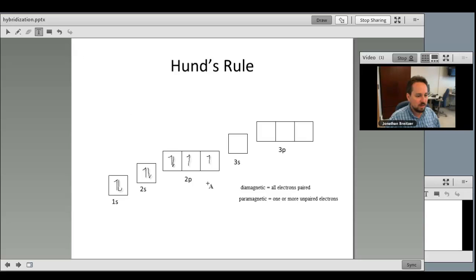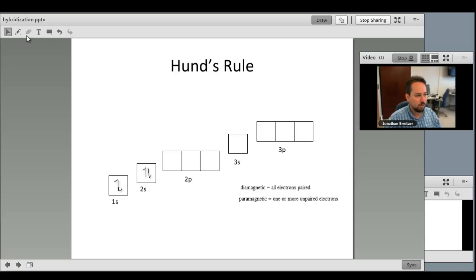So let's go here and delete some electrons. Go with nitrogen. This is nitrogen, which is still paramagnetic. Carbon, which is paramagnetic. Boron, which is paramagnetic. But then we get to beryllium, everything is paired, so this is diamagnetic.